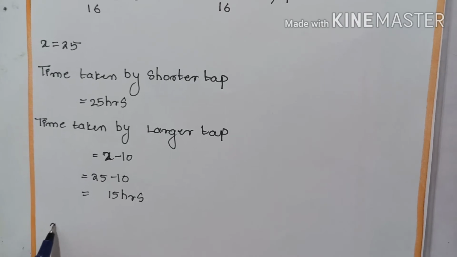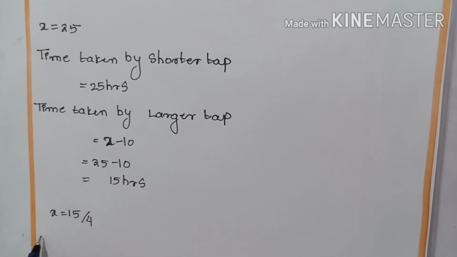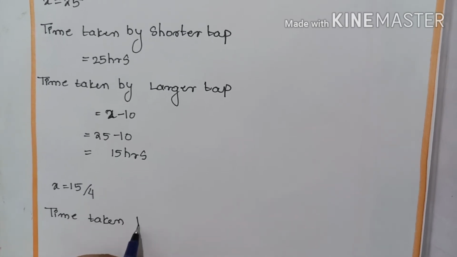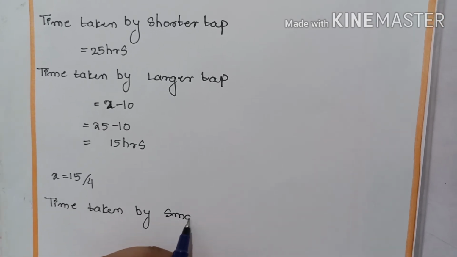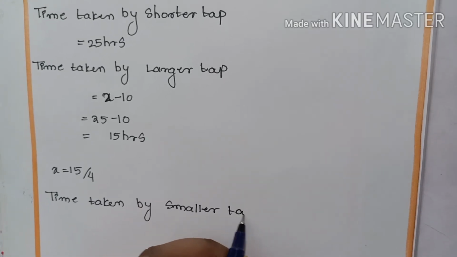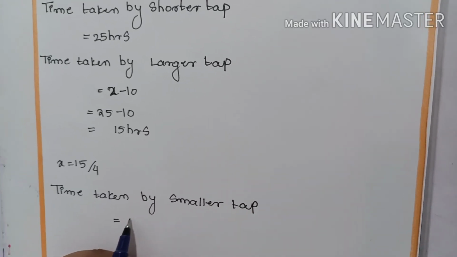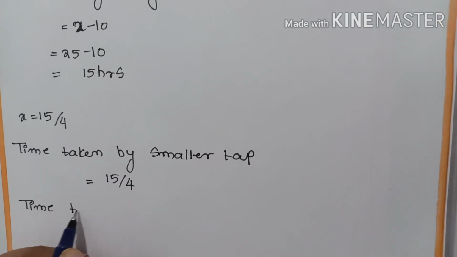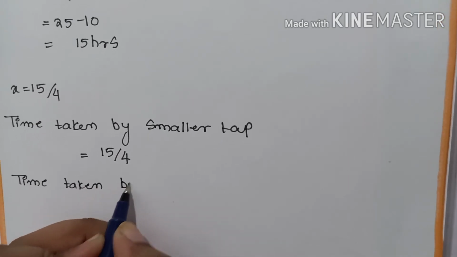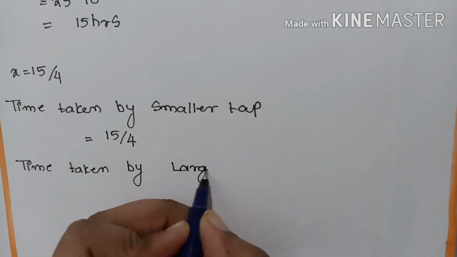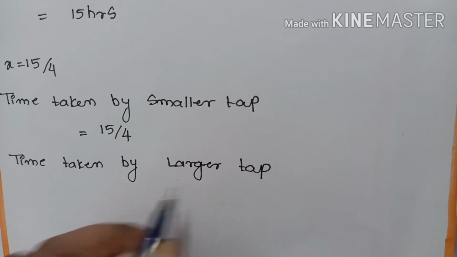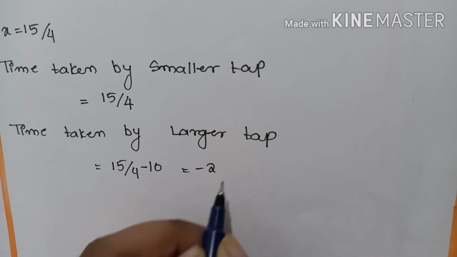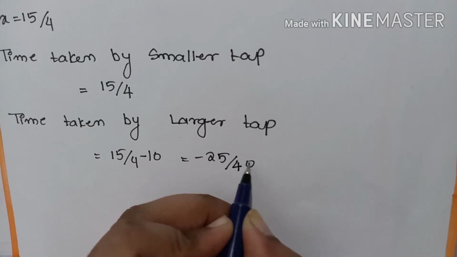But when we consider x equals 15 by 4, the time taken by the smaller tap gives us 15 by 4, whereas the time taken by the larger tap gives us 15 by 4 minus 10, which is minus 25 by 4.